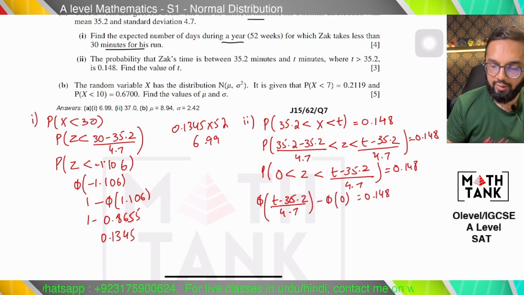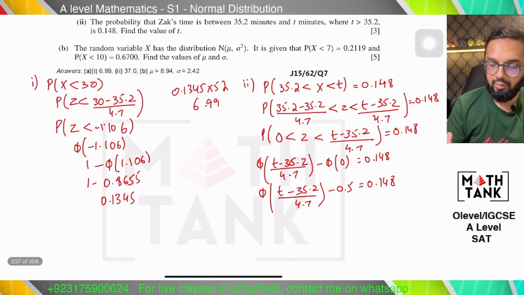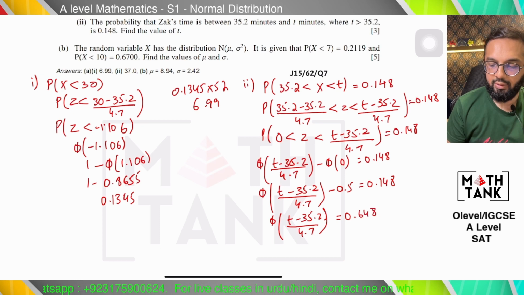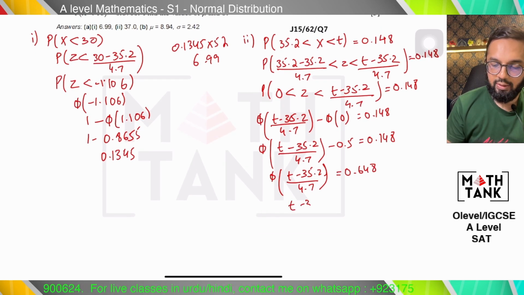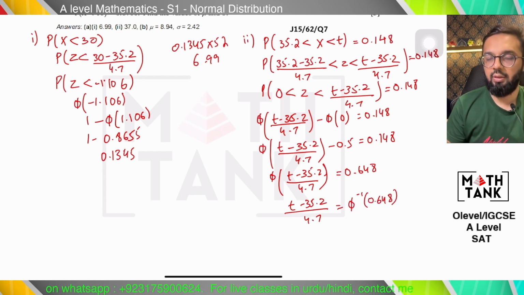Phi of 0 is 0.5. So phi of t minus 35.2 over 4.7 equals 0.148 plus 0.5, which is 0.648. T minus 35.2 over 4.7 equals phi inverse of 0.648.